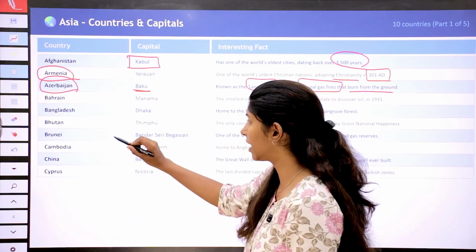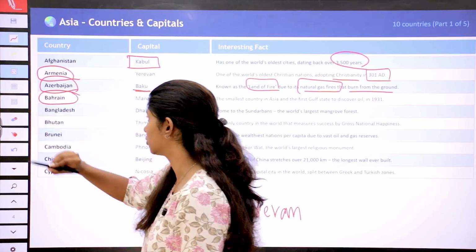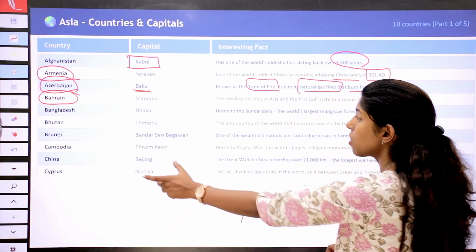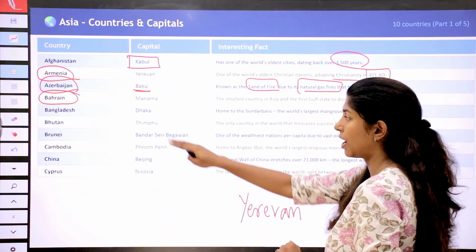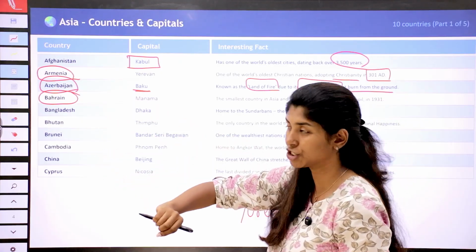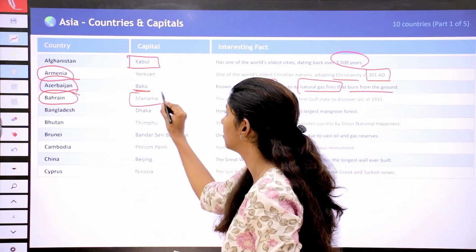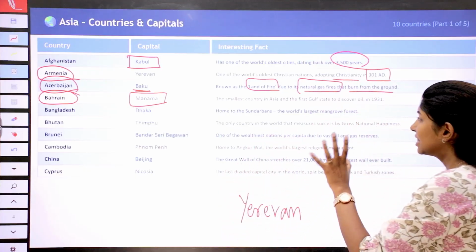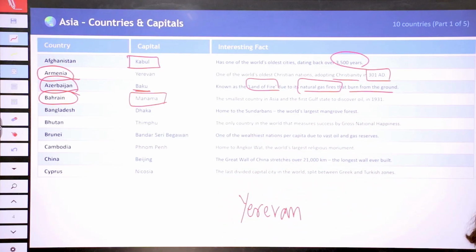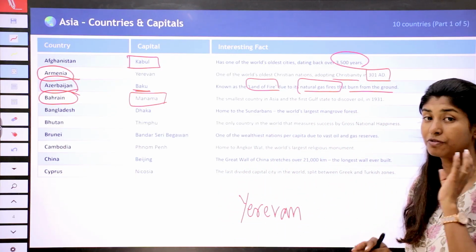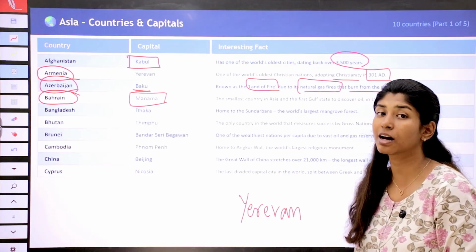Now, Bahrain. This is another country. We have to remember this is the smallest country in Asia. Bahrain is the smallest country in Asia and its capital is Manama. This smallest country in Asia is the first Gulf country to discover oil.